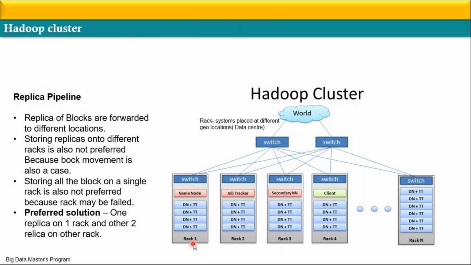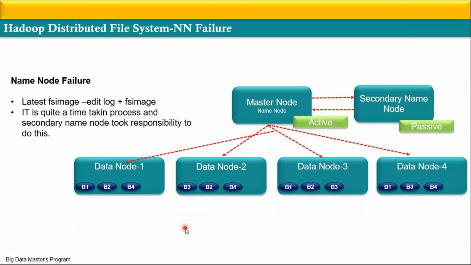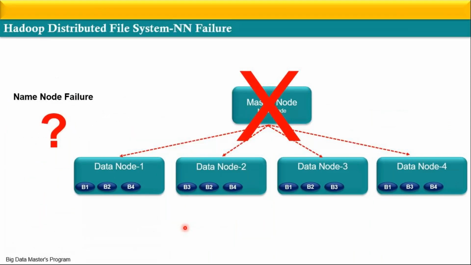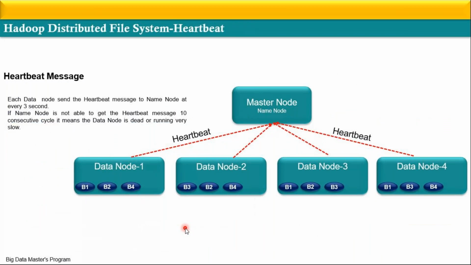From the data architect perspective, we are not having a concern, but based upon the ping and that particular latency, say rack 1 is nearer to the client, so that particular rack's data node will be given, and the client will be able to access that particular block from this location, right? Right, Anurag? Is it fine?